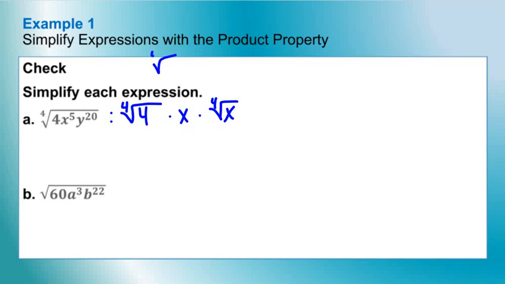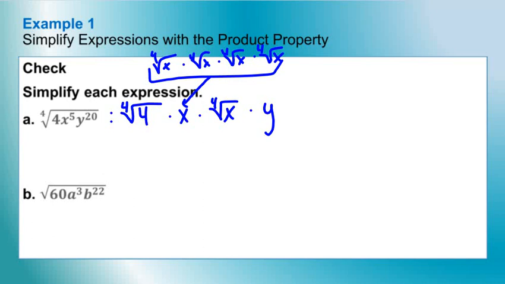So this one x represents 4 of them, plus the 1 gives me 5. So I just did the 4th root of x times the 4th root of x times the 4th root of x times the 4th root of x. These here form that x. And then I have the 4th root of y to the 20th, which is y to the 5th.